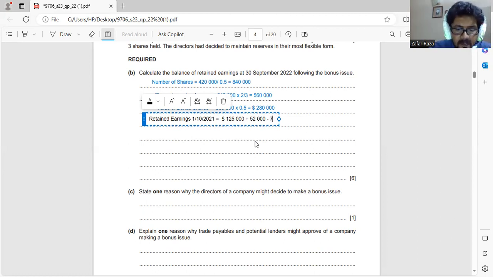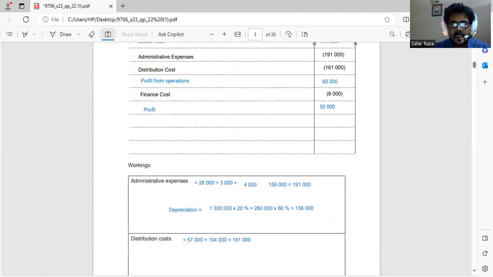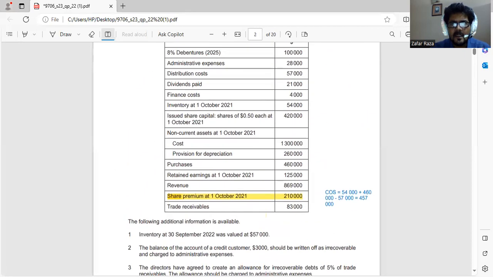Then we will deduct 70,000 which we have to pay for bonus shares because we don't have a sufficient amount of premium available. And the last item in this is dividend paid 21,000.